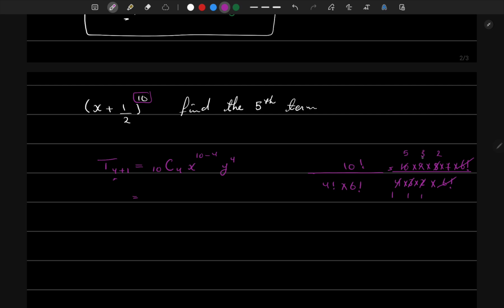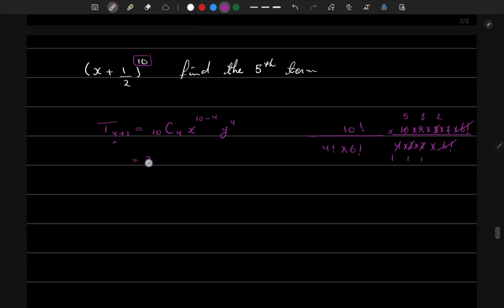And so I have 5 × 3 × 2 × 7, which equals 210.